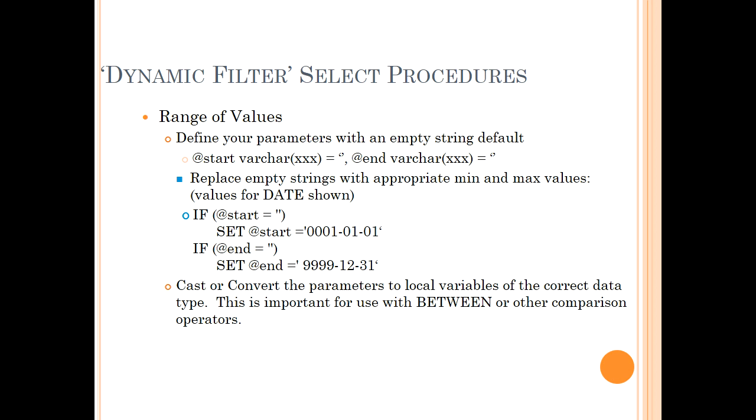And then what we do is if an empty string is passed in, so there was nothing entered in the user interface, then we substitute the actual minimum and maximum values the data type would allow. So if I say I just want everybody who is born before a given date, and I put that in as the end date of the range, I can leave the start blank.